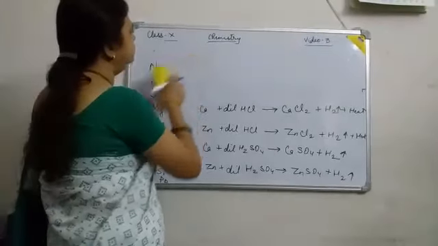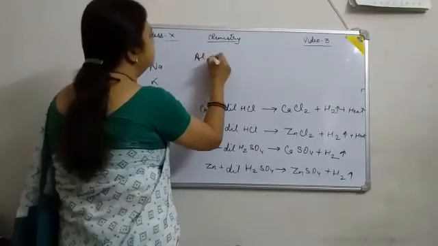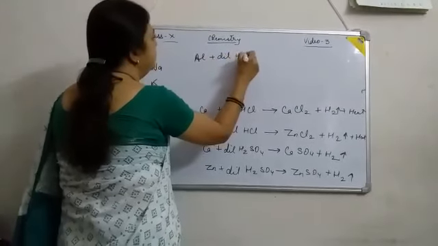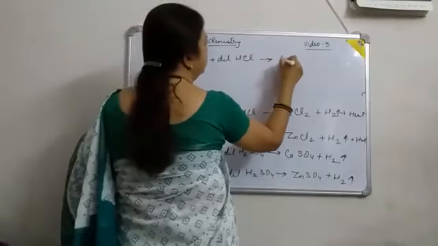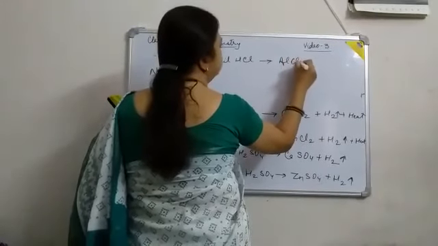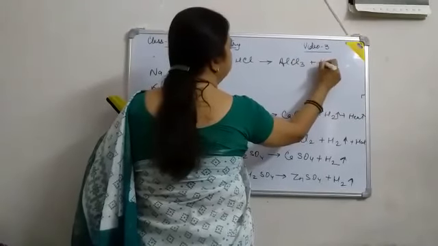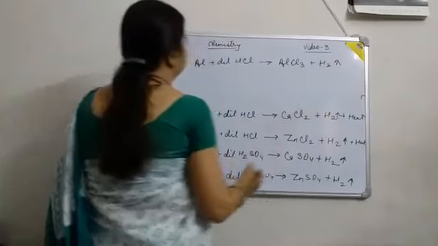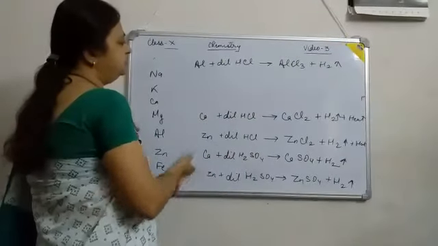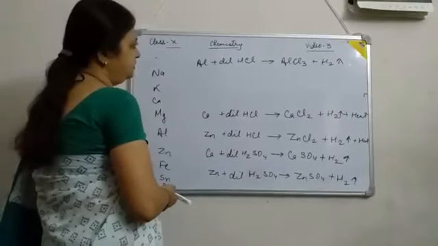So the next reaction is aluminium plus dilute hydrochloric acid to form aluminium chloride with the liberation of hydrogen gas, and heat is also produced in this reaction. These all reactions are exothermic reactions.